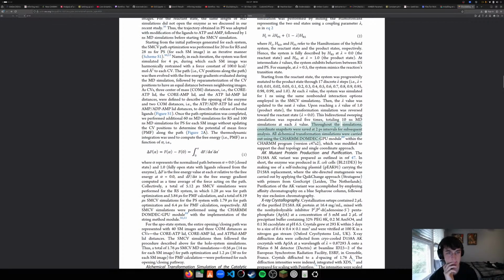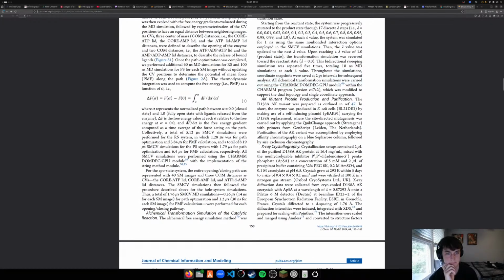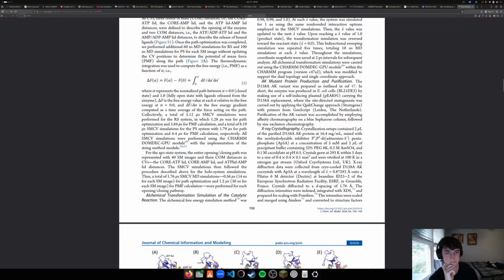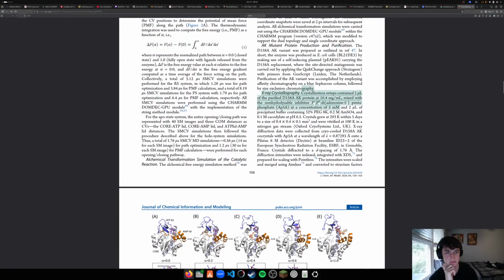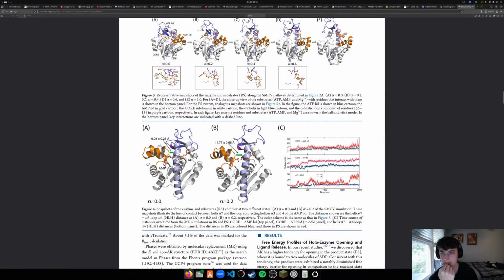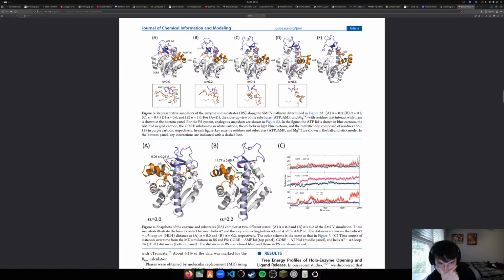How do they do that though? Okay, this is some of the mutant expert crystallography, yada yada yada. Represents snapshots of the enzyme on the pathway, with residues interacting. In the figure, the ATP lid is shown in the blue cartoon, the AMP is the gold cartoon.